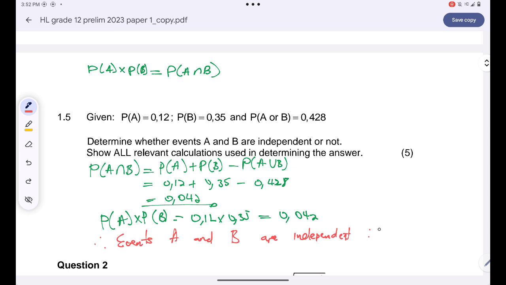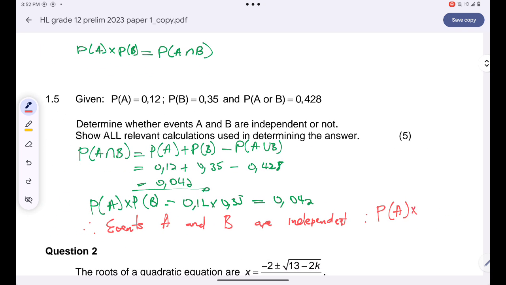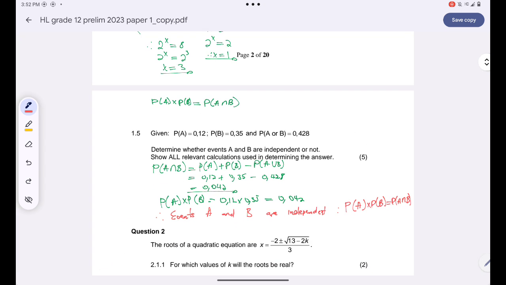Why am I saying that? Because the probability of A multiplied by that of B is equal to the probability of the intersection of A and B. That's how, guys, we're supposed to tackle the question over there. So please, guys, do stay tuned and wait for more videos.